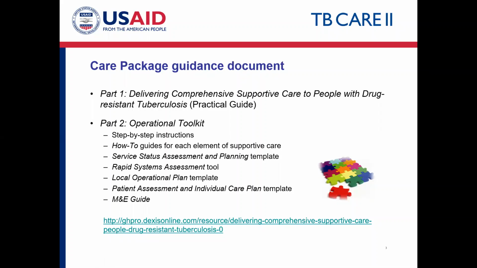And then the second part of the toolkit includes all of the tools and templates you would need to help you plan this in your country at a facility level, at a national level, and down to the patient care level. So there are instructions, there are 13 or 14 elements of supportive care, and we have created 2-page how-to guides for each one that goes through the rationale for that particular element of care, what some of the evidence is for implementing that element of care, and where you can find additional resources, and then some success stories.